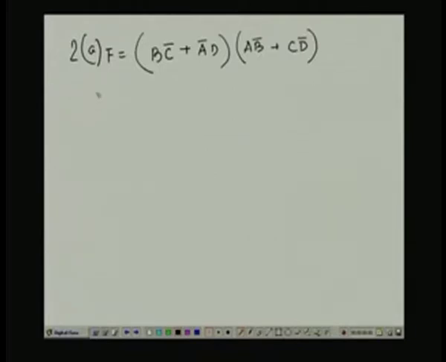So, if I take the complement f bar, then it will be the whole bar, that means B C bar plus A bar D into A B bar plus C D bar, the complement of the whole thing.